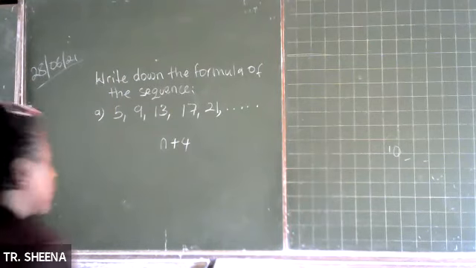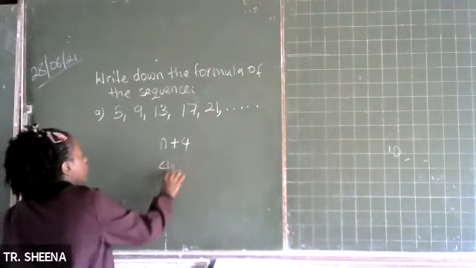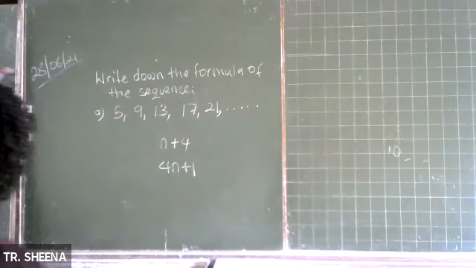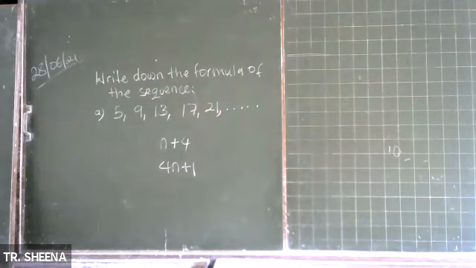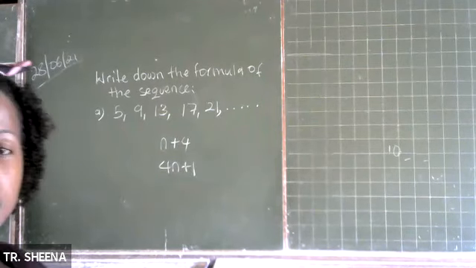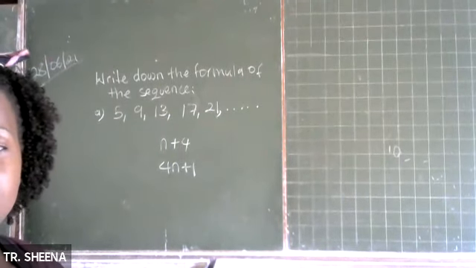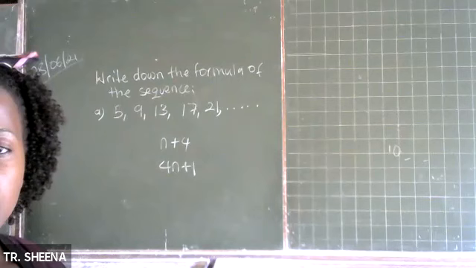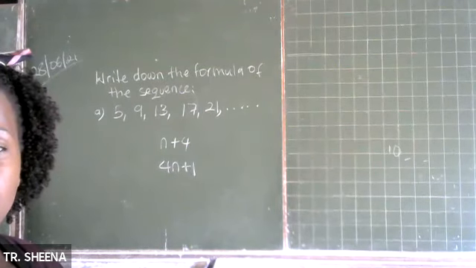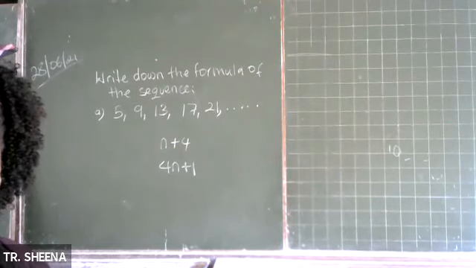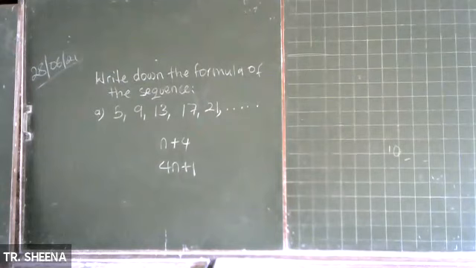What about Zoe? Mine is the same as Marilyn's, n plus 4. Okay, thank you. I see even Henry has n plus 4. Karudi has n plus 4. Miracle has n plus 4. Does anyone else have a different formula?